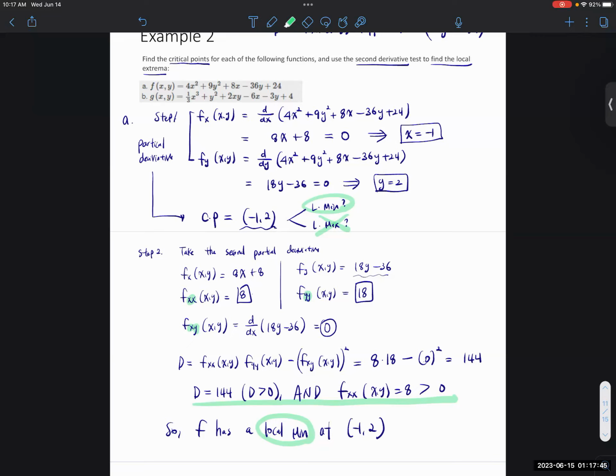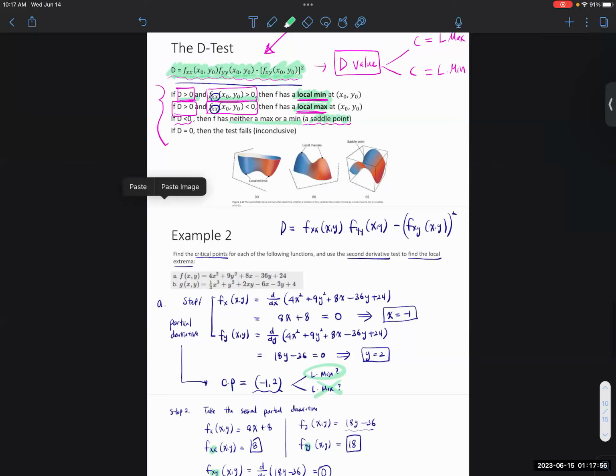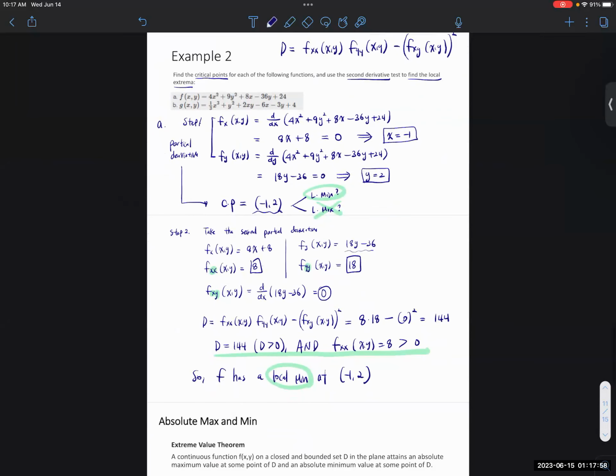Are you happy? Are you okay? So this is not really a complicated concept at all. I already showed you how to do it. Just take a look at those D tests. Okay. So then I'm not going to do the letter B. You can try the letter B. Definitely you can, it's the same strategy. Just think about it.